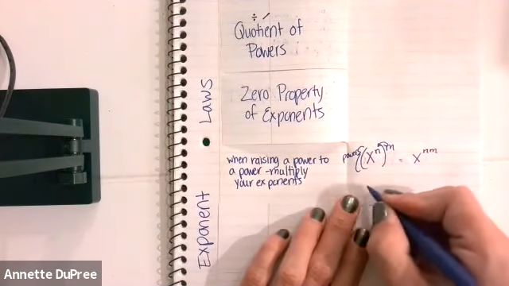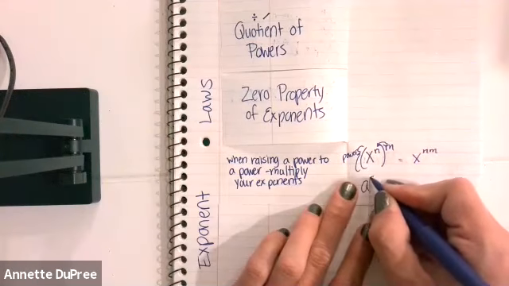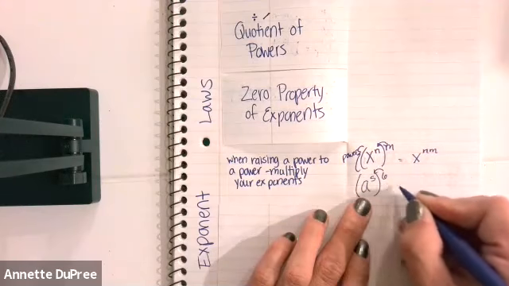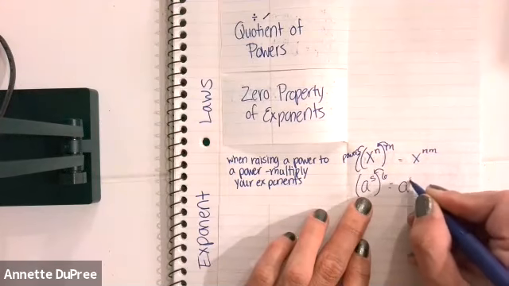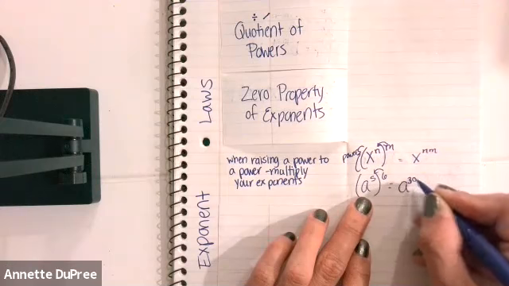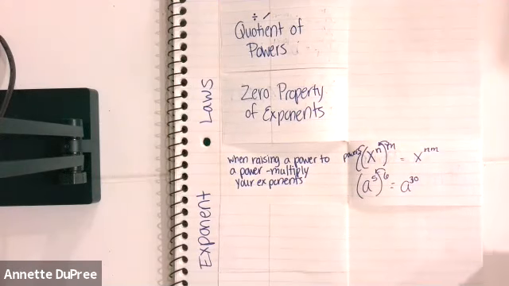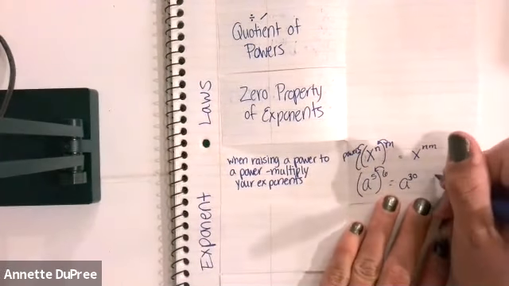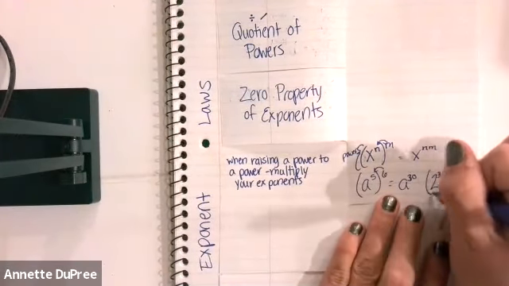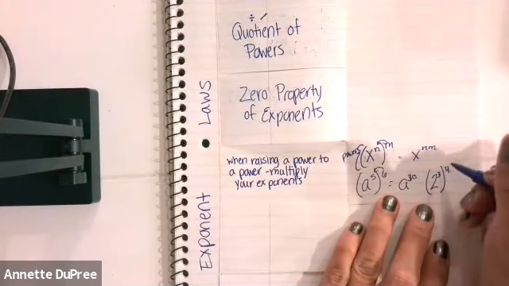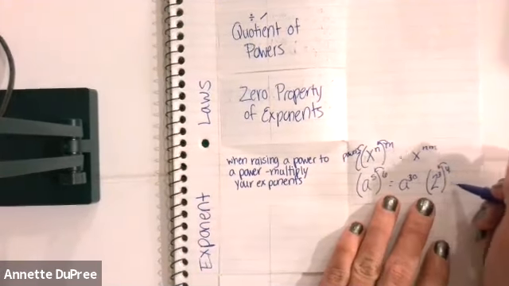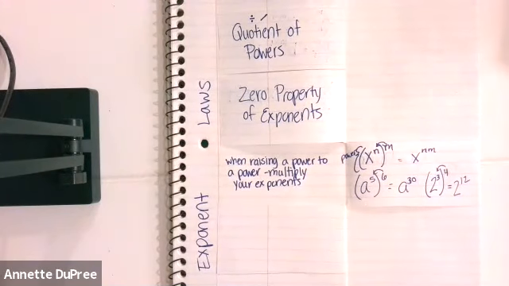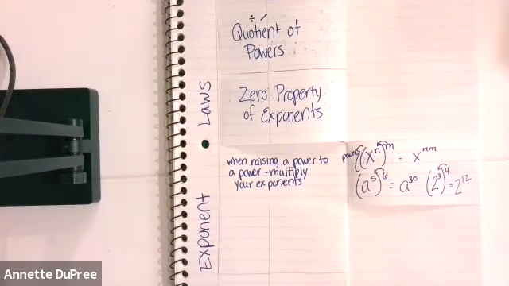Our numerical example is a to the 5th raised to the 6th: we multiply those and get a to the 30th power. I'll do one more. If I have 2 to the 3rd raised to the 4th, we multiply those and I have 2 to the 12th power. That is the power of a power rule.